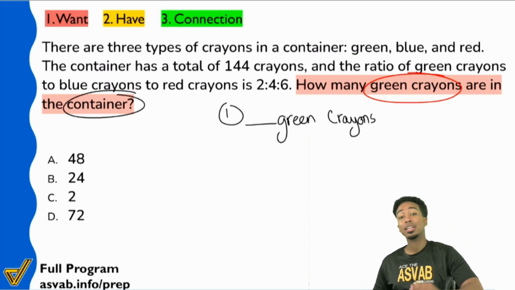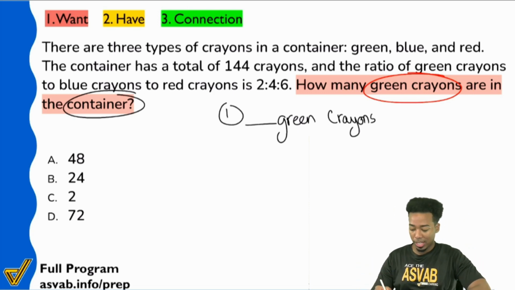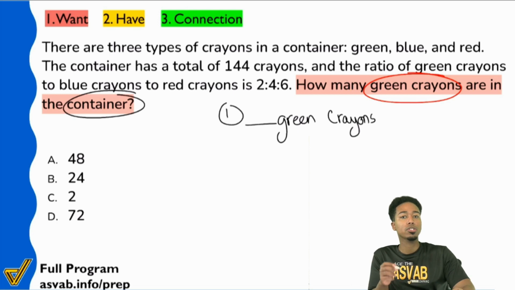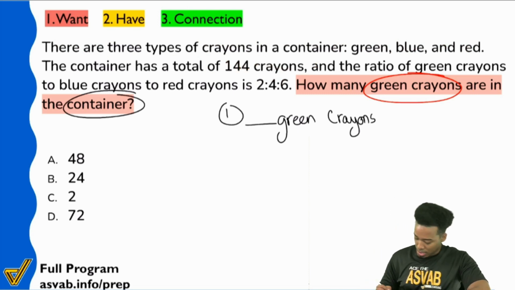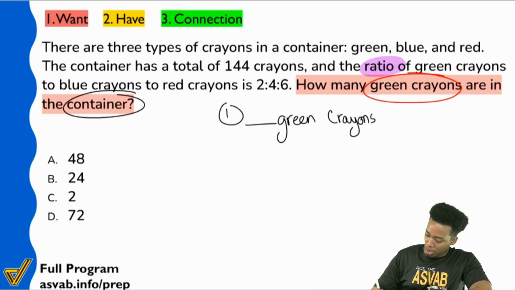Okay, great. Immediately, I want to start looking at the information, and there are some key words that are going to give away exactly what type of problem this is. There are 3 types of crayons in the container: green, blue, and red. The container has a total of 144 crayons, and pay attention right here, ratio.